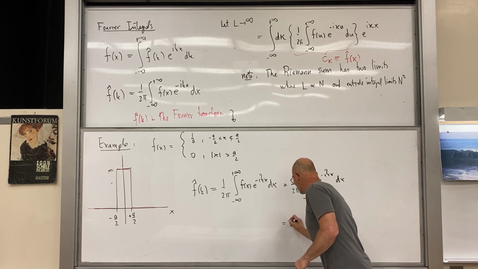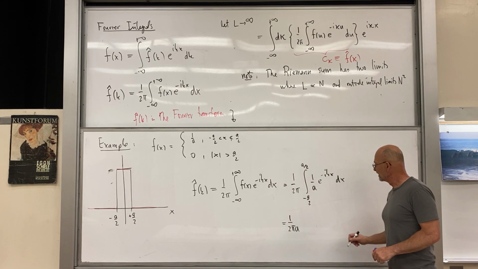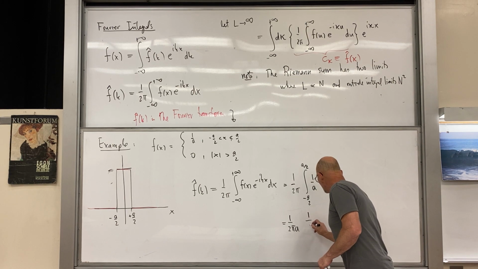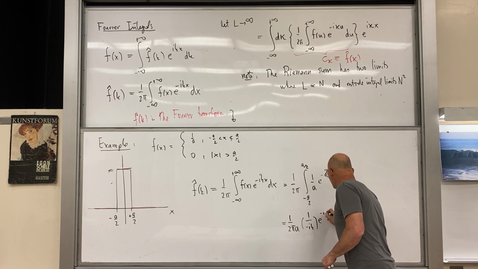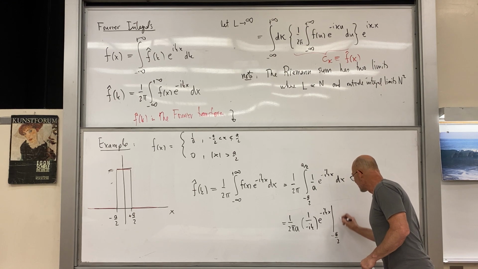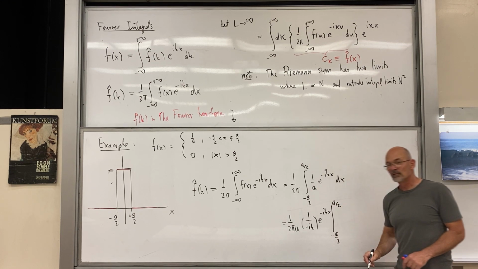So we will have 1 over 2 pi a, and our antiderivative, we have 1 over minus ik, e to the minus i k x, evaluated from minus a over 2 to a over 2.